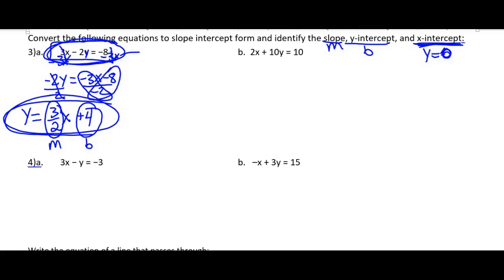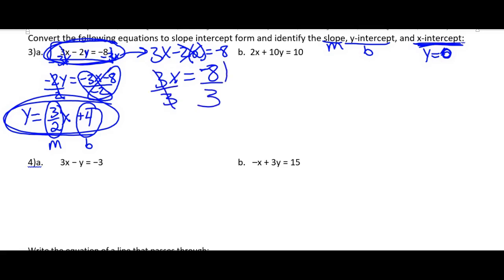I want to use the original equation up here, 3x minus 2 times 0 equals -8. So 2 times 0 is 0, so that's just nothing. 3x minus nothing is just 3x equals -8. Divide by 3, and you end up with x equals -8/3. That is our x-intercept.